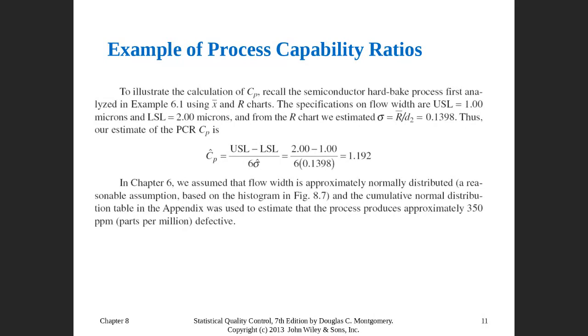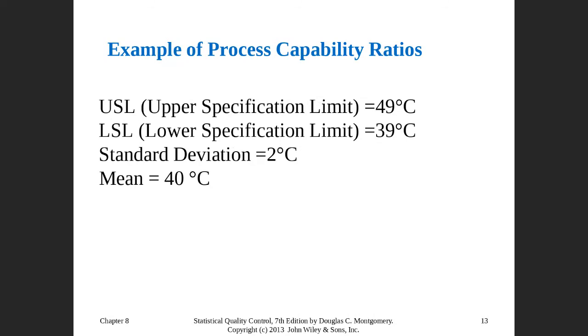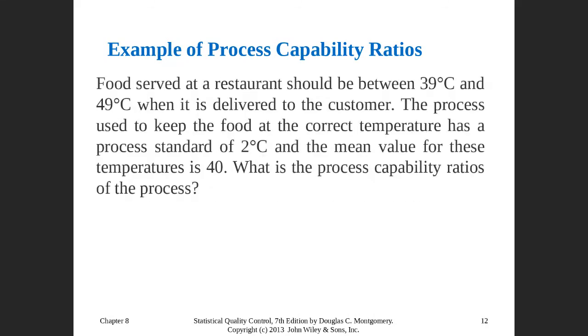Let's take more examples to have more clarification. Here is the example. The example says food served at a restaurant should be between 39 Celsius and 49 when it is delivered to the customer. The process used to keep the food at the correct temperature has a process standard deviation of 2 Celsius degrees and the mean value is 40.